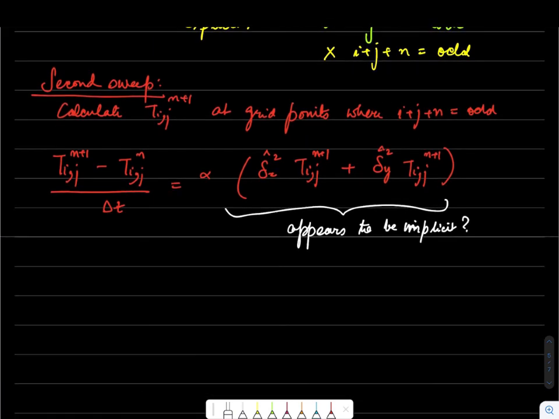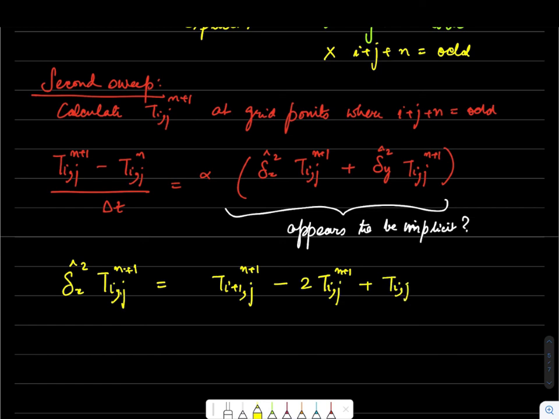This is because if you look at delta x square Tij at, let's say, n plus 1, which is what I want to calculate on the right hand side, this would be (Ti plus 1 j n plus 1 minus 2 Tij n plus 1 plus Ti minus 1 j at n plus 1) by delta x square.